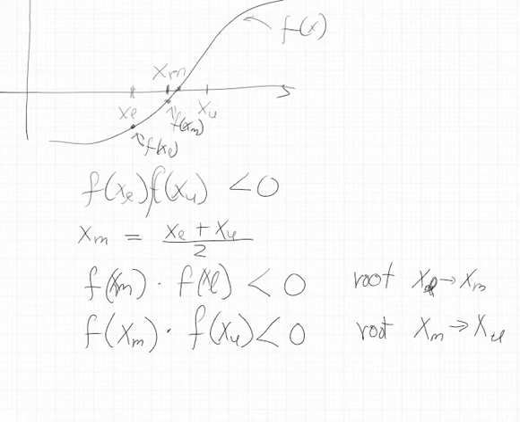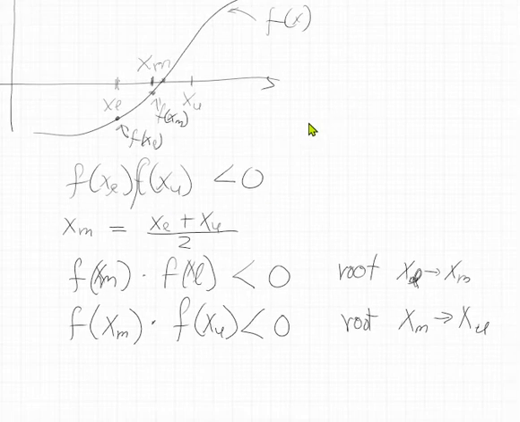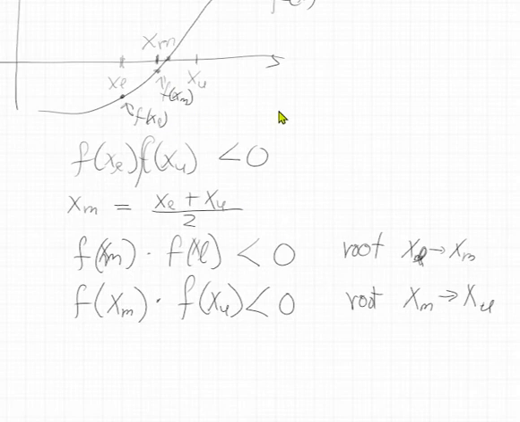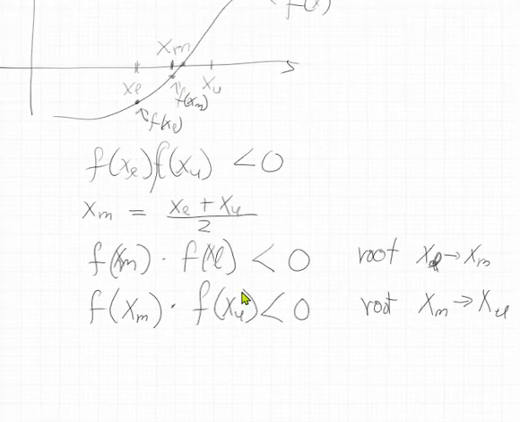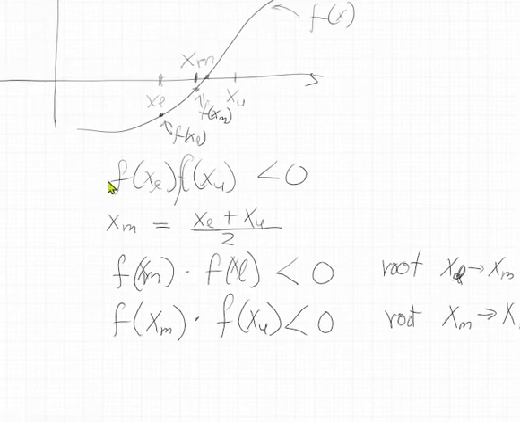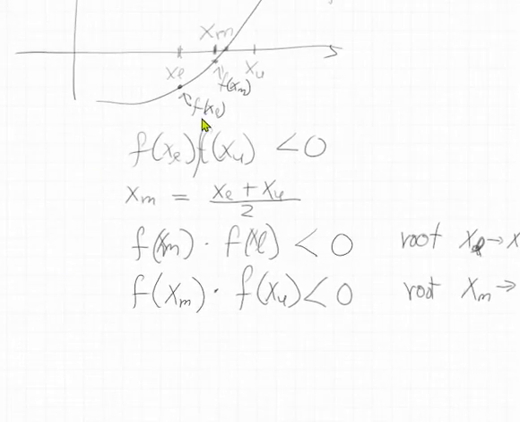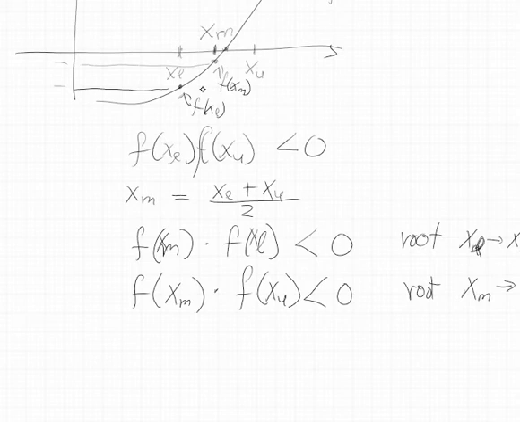So this is bisection. If we look at the drawing, the product of f of xm and f of xl is positive, because f of xl is negative and f of xm is also negative. They are both negative, so if you multiply them, you get a positive. Therefore, the root is not in that interval, so we disregard it.